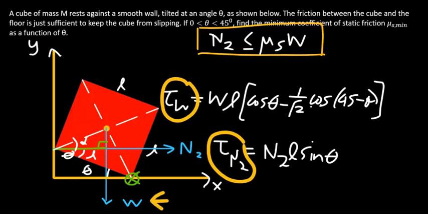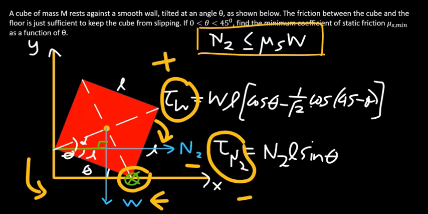We note that these two torques have opposite signs. The weight will tend to rotate the cube about this axis this way, whereas N2 will tend to rotate the cube about the same axis in the opposite direction. If one is positive, the other one is negative, and they should have the same magnitude, only then would the net torque on this cube be 0.